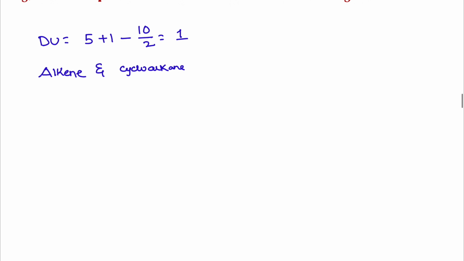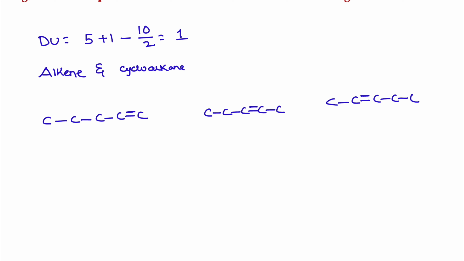Same pattern. First I will take 5 carbon chains, 1, 2, 3, 4, 5. Position of double bond here. 1, 2, 3, 4, 5. Position of double bond here. 1, 2, 3, 4, 5. If you write the double bond here, the result will be the same.